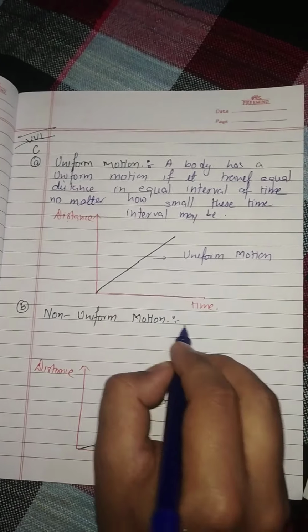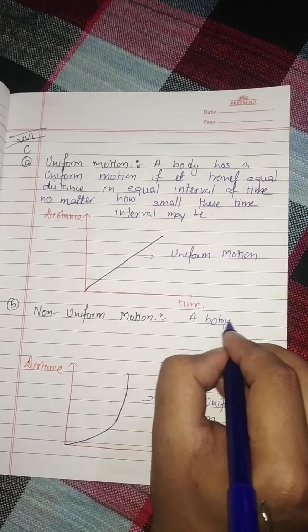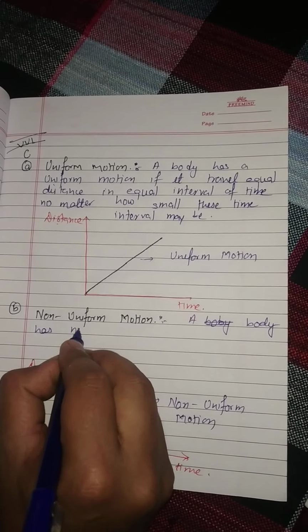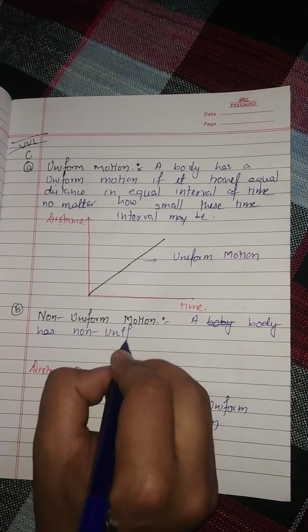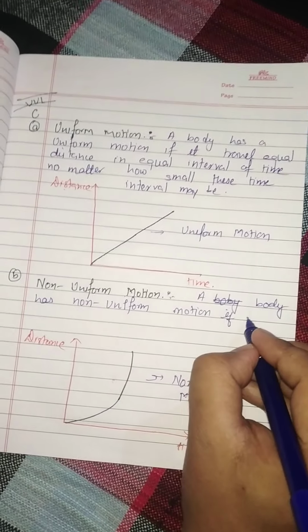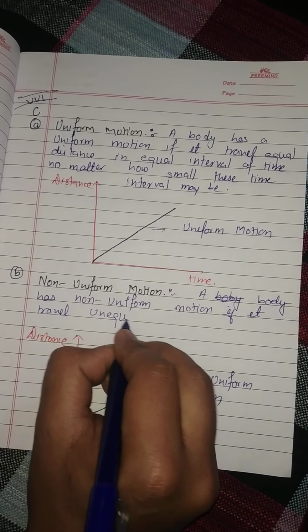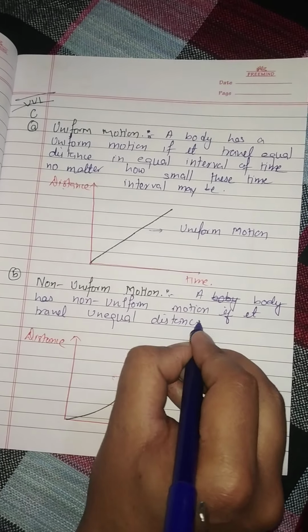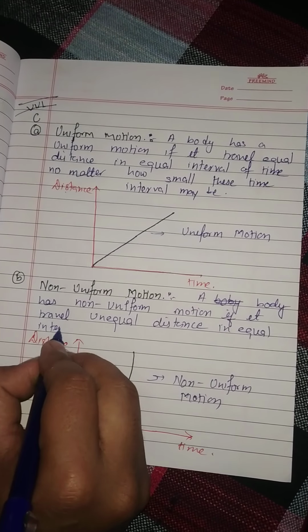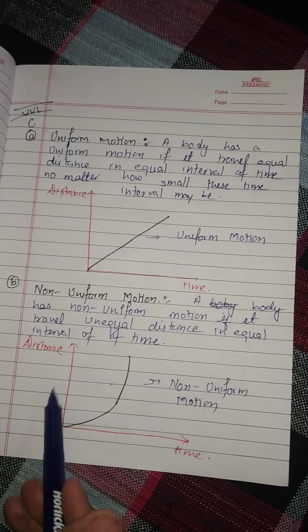So for non-uniform, just reverse the definition. A body has non-uniform motion if it does not travel equal distance in equal intervals of time.